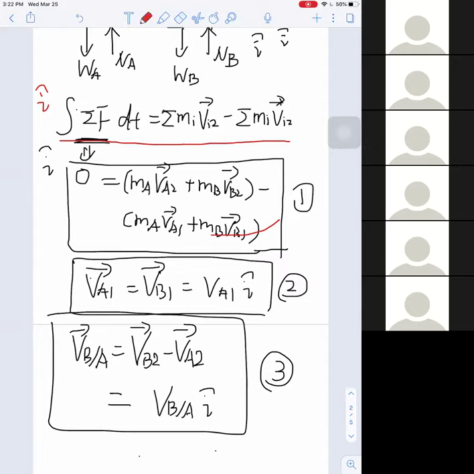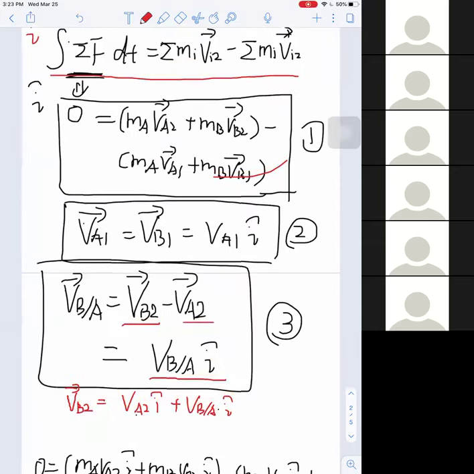If you look at equation 3, we have vB/A I equals vB2 minus vA2. We can also change this a little bit to find the expression for vB2. We'll use that later. vB2 can be written as vA2 I plus vB/A I, right?